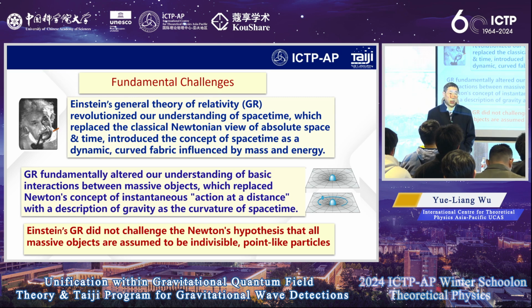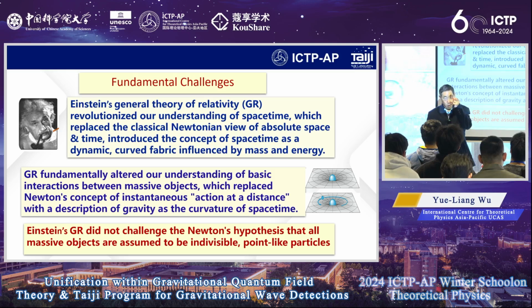So there's no internal structure. We only need to know the energy momentum, and so on. That means general relativity doesn't care about the intrinsic structure of matter. This is still the same as Newton's theory, whose basic assumption is to postulate all massive objects to be mathematical points. Then you can use Newton's law to describe all the motion and interactions of matter.